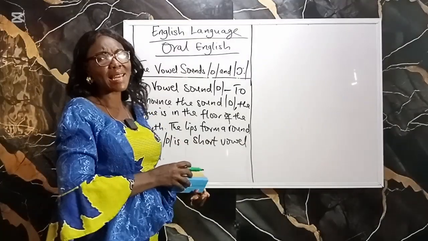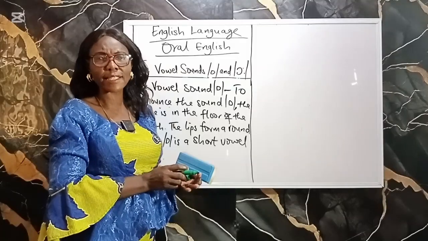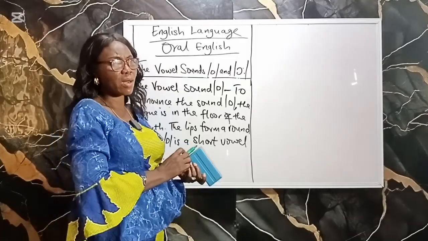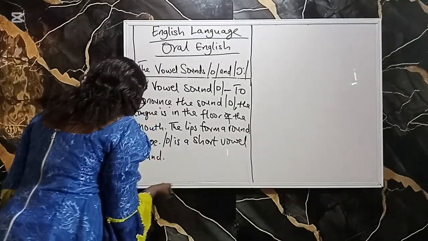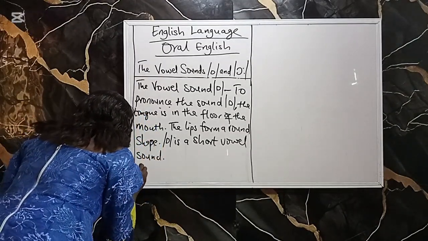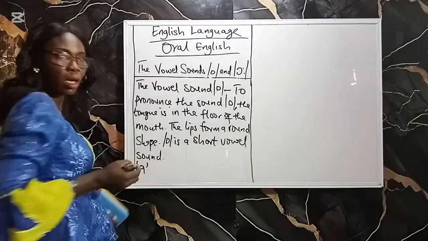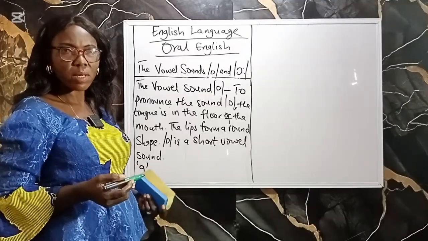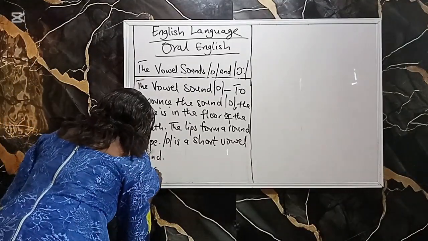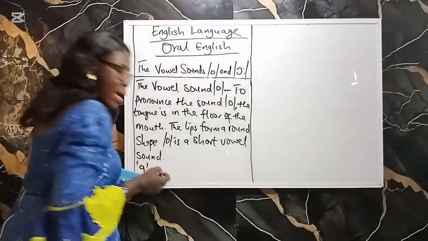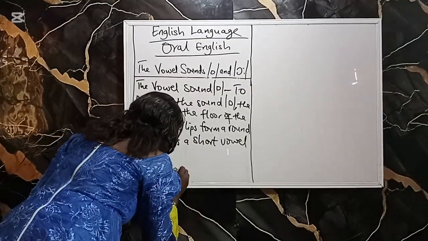Now let's look at letters or combinations of letters where we can hear the sound or where the sound is pronounced. Let's start with letter A. Under letter A, we hear it in words like, let's say, want.